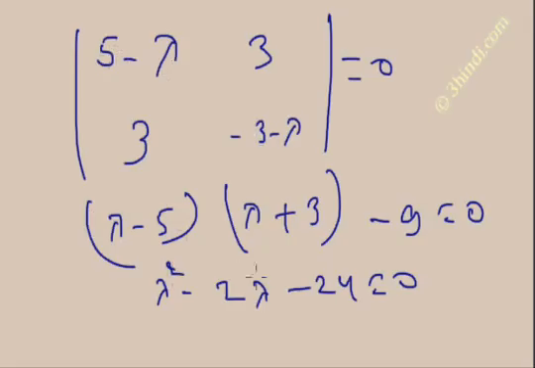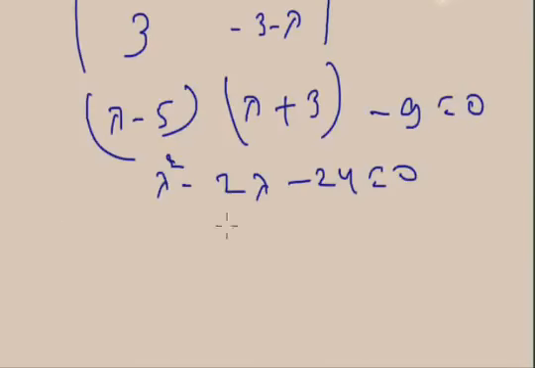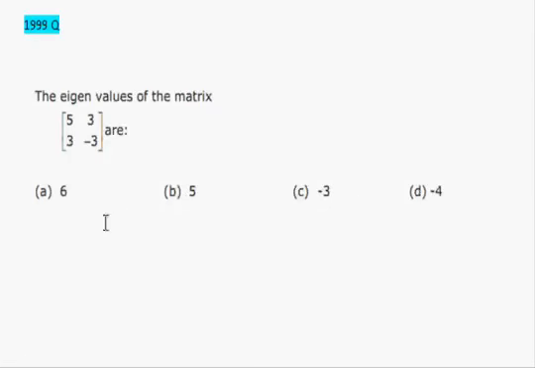When you expand it, it comes as lambda square minus 2 lambda minus 24 equals 0, which you can expand as minus 6 lambda plus 4 lambda, giving lambda minus 6 into lambda plus 4 equals 0. So lambda is 6 and minus 4. There are two eigenvalues, 6 and minus 4. So A and D is the solution.